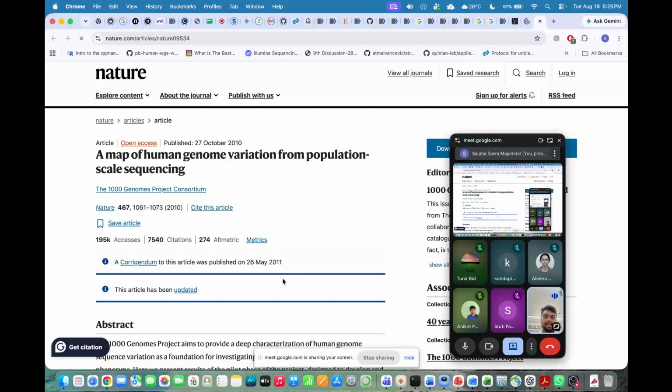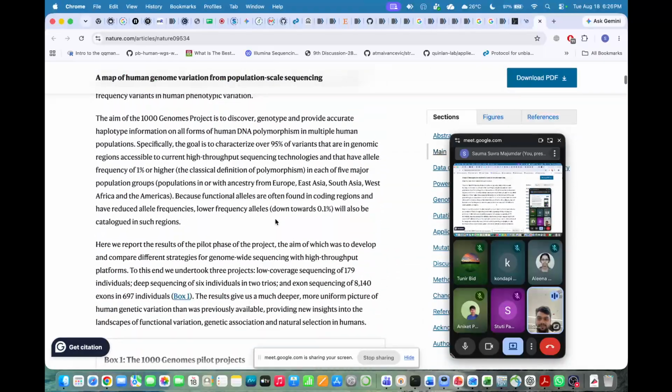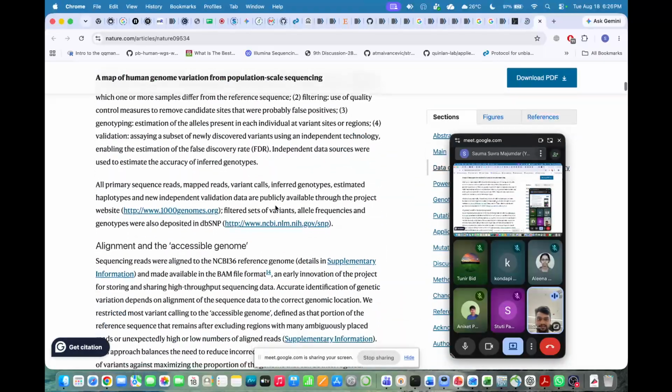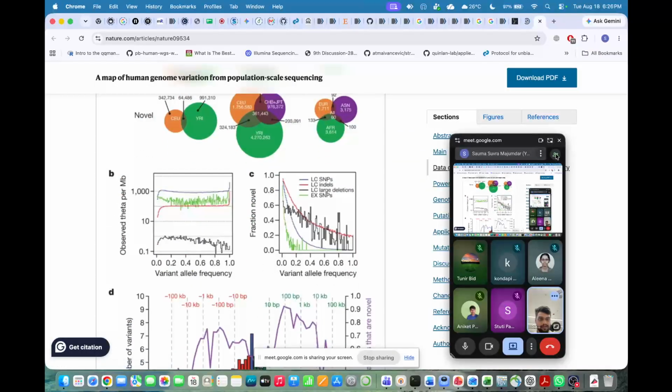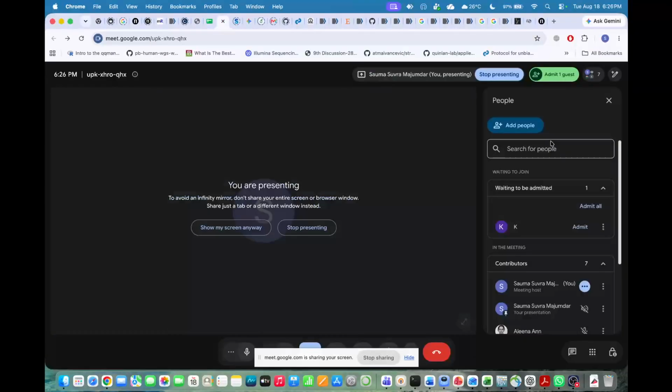This is actually the first paper of the 1000 Genomes Project, and I think I might have done some PC on this.